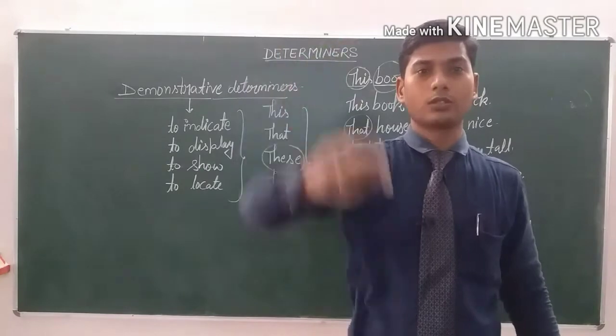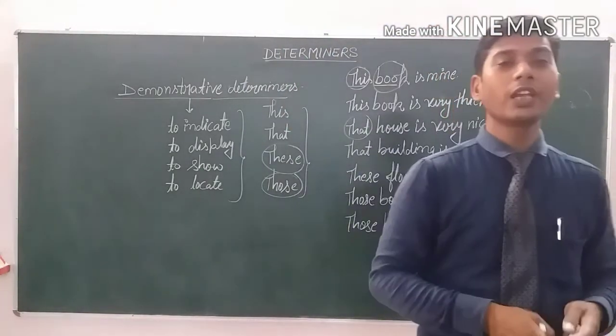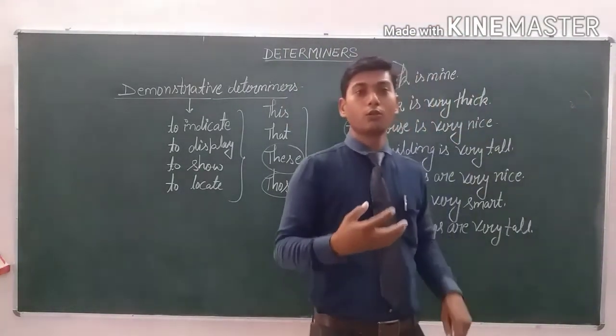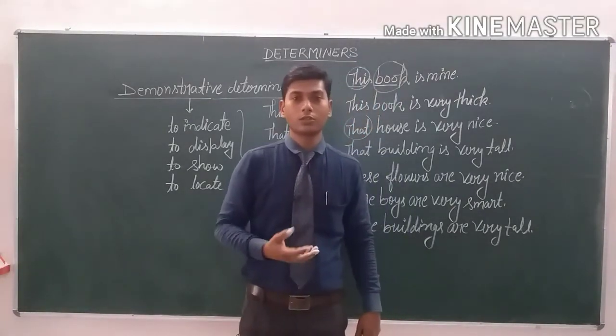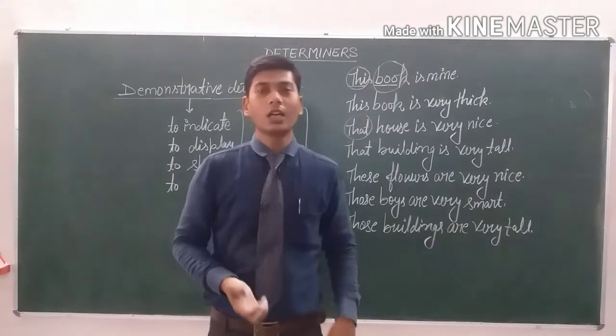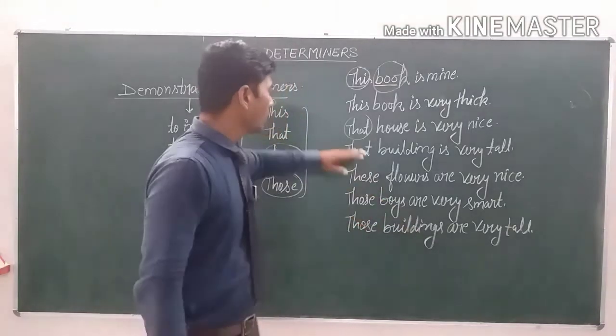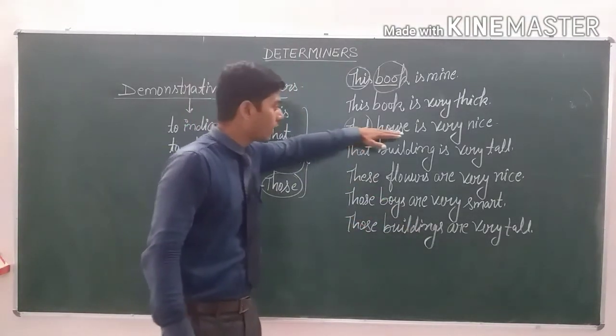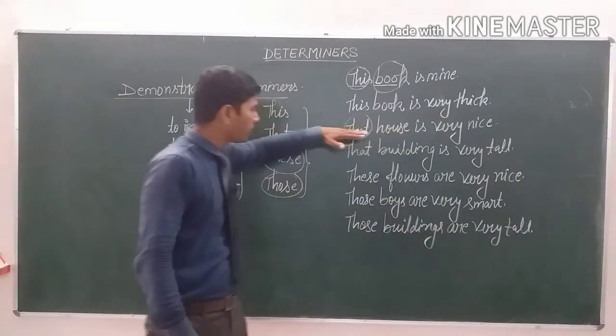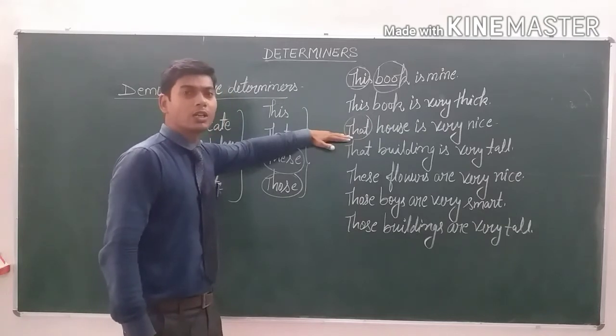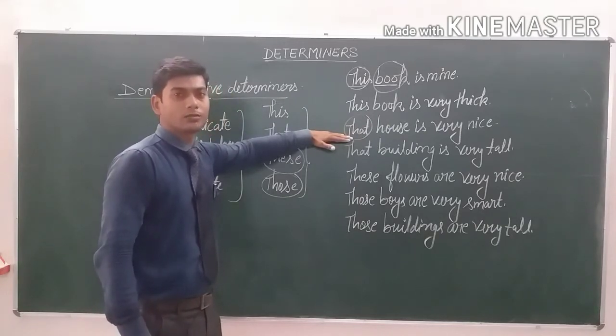That house is very nice, looking attractive, so the speaker or reader is saying that. And the house is also a noun. Just before it we use the demonstrative determiner that.